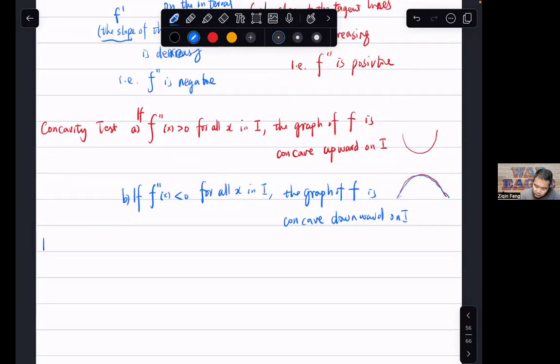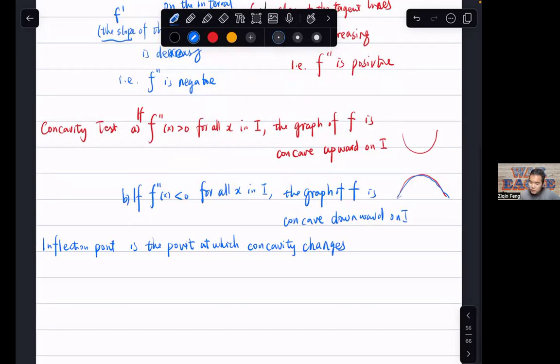So an inflection point is the point at which concavity changes, either from concave up to concave down or concave down to concave up, right?